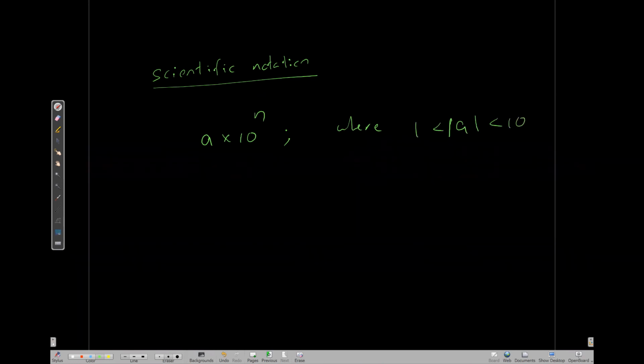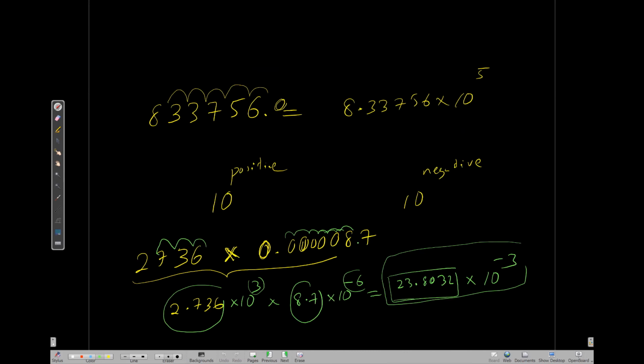So let me go back to the previous page and see this number. Whatever the number, the absolute value of that number should be between 1 and 10. So here what you can do is, you can take one place, so 2.38 times 10, right? See, 2.38 multiplied by 10, that's 23.8. So this part is equivalent to this, and now times 10 to the negative 3.